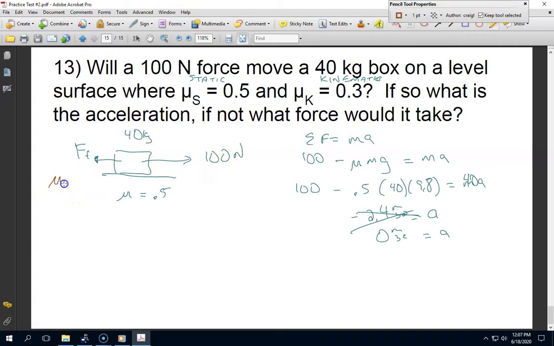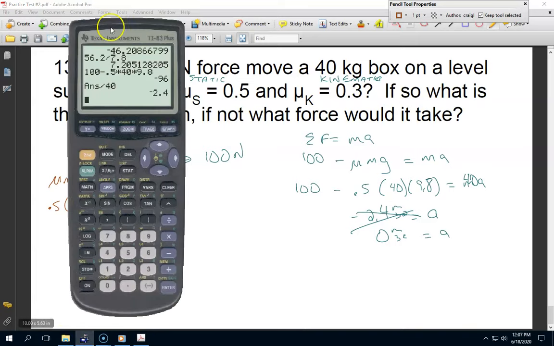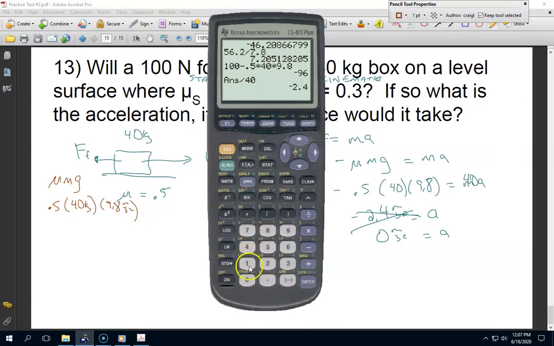So mu mg before it starts moving: 0.5 times 40 kilograms times 9.8 meters per second squared is 196 newtons.